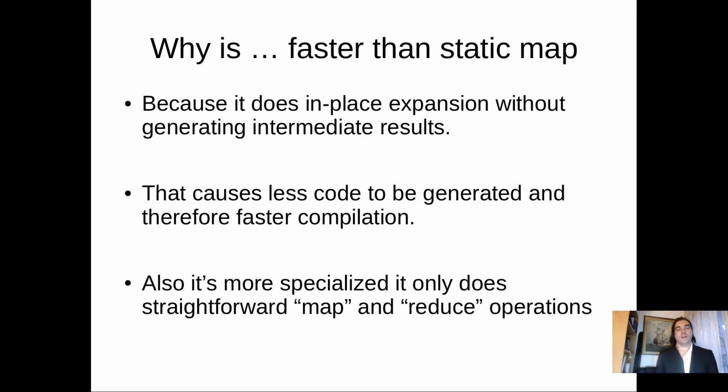Now, because of certain order dependencies inside the semantic system of DMD, those also involve copies, and they're not always faster, but when they are faster, they're faster because of that in-place expansion.